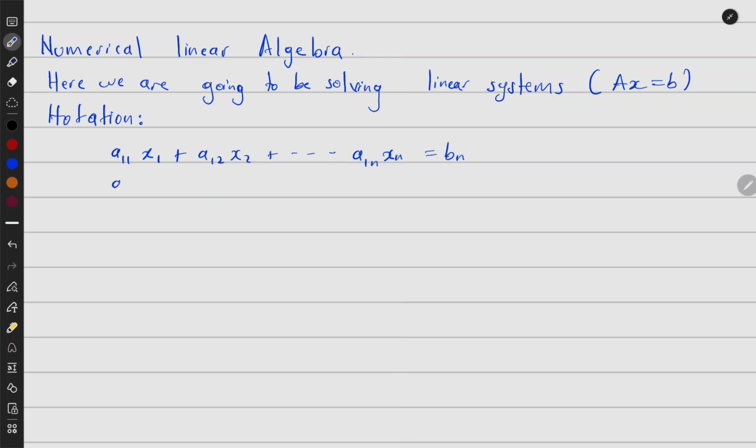Someone else can have this as a21 x1 plus a22 x2 plus, up to a2n xn, equal to b2.